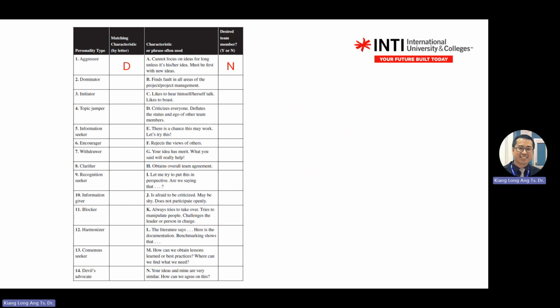Here are the characteristics. A. Okay. Do you like dominator in your team? The answer is no. Initiator. Which one? Initiator.